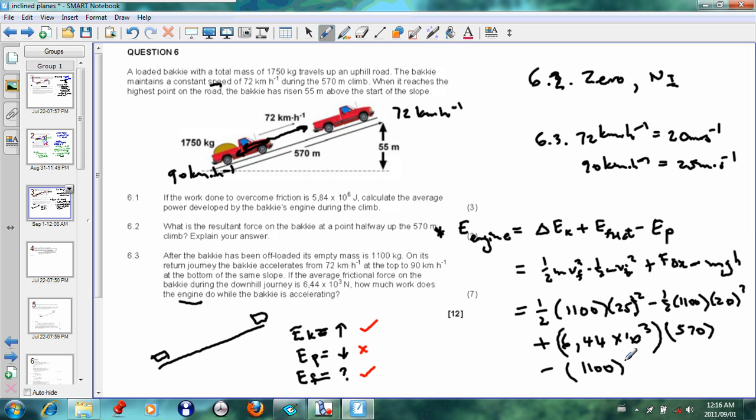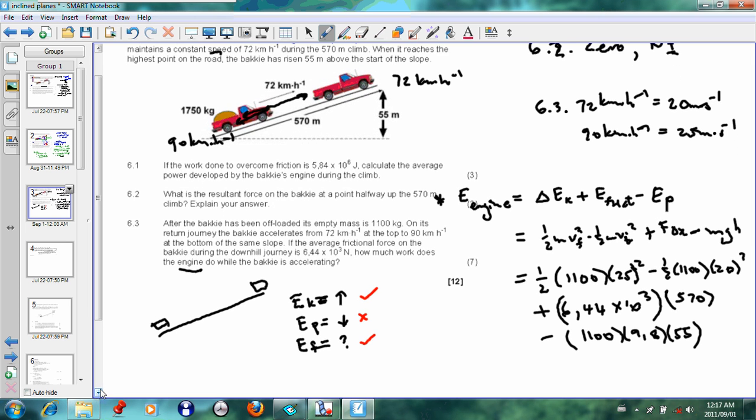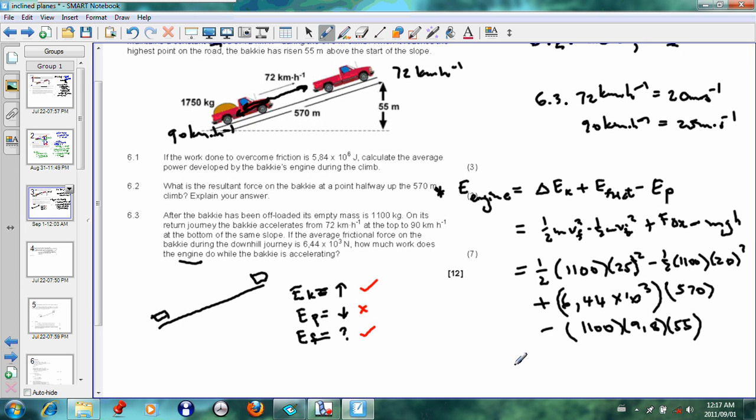1100 times 9,8 times the height. Potential energy is the energy that doesn't have to be done by the engine, so we subtract it because it's assisting the engine in overcoming the extra work that it has to do.